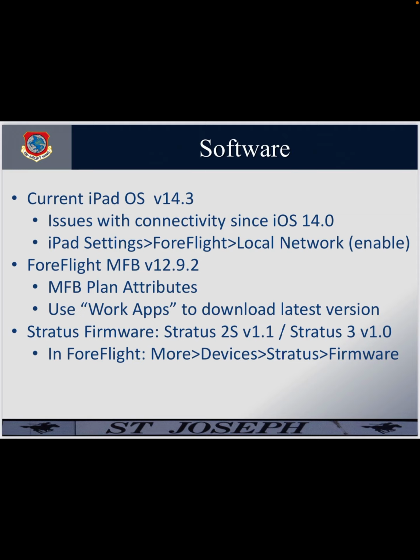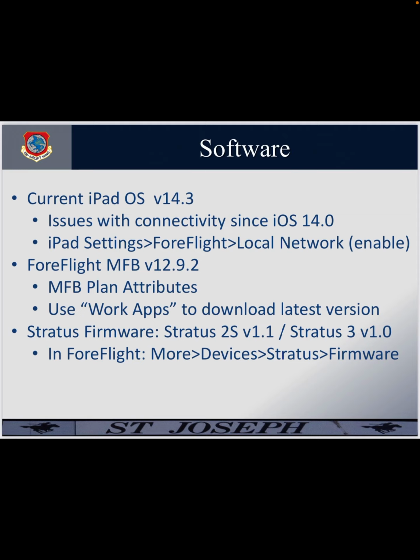So not just a GPS network, but local networks like Wi-Fi, Bluetooth, etc. So what this means is that for certain hardware to talk to your iPad, you're going to have to grant permission to it. So what does this mean for us?